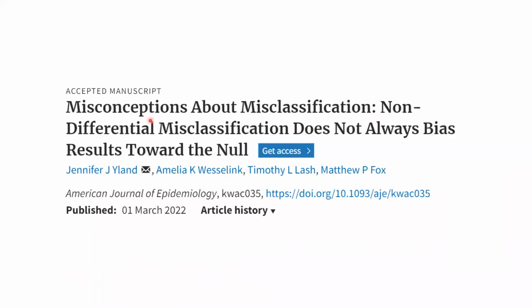But as I told you, a non-differential misclassification is not always biased toward the null. It's something that is quite recent, so not everyone is really talking about it. If you can see, even this article is very recent. It's 2022. Usually non-differential is not that harmful.